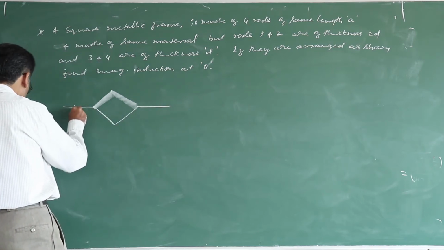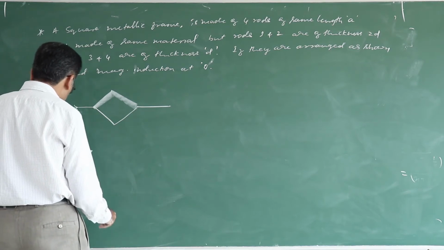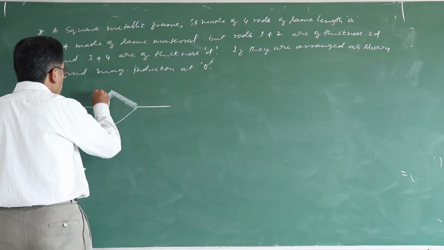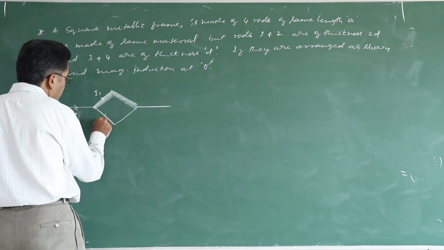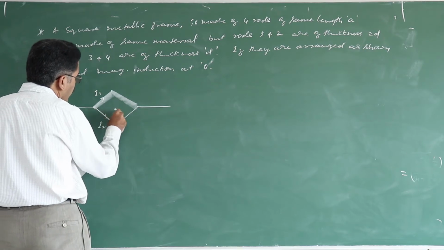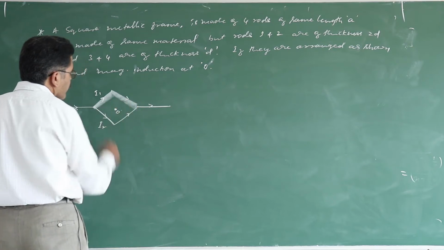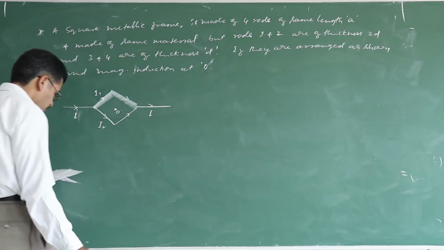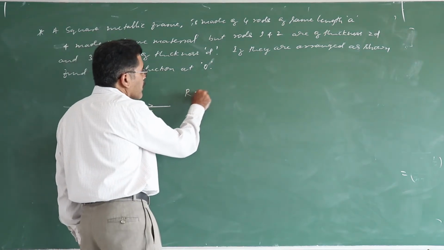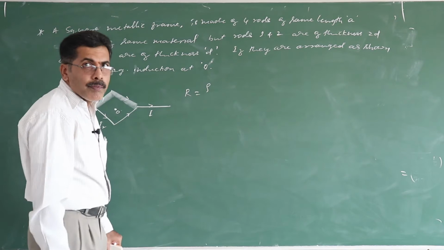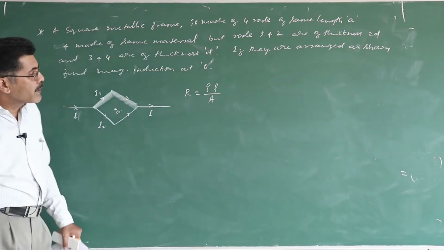This is, just take it as current I1 or I. This splits up into two currents. One is I1 here, this is I, this is I2. Here you have to find out what is the magnetic field. Okay, so you know that the resistance of a wire is directly proportional to length and inversely proportional to area of cross section.